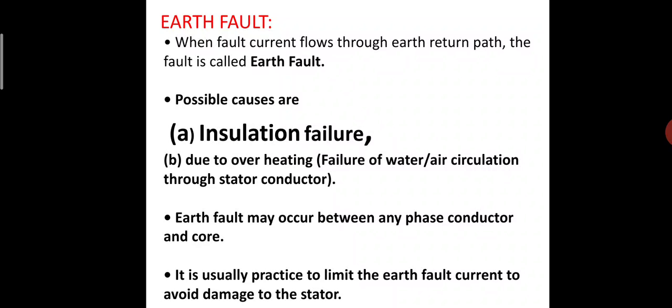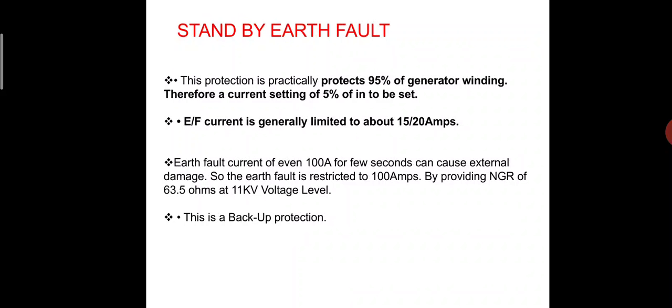Earth fault may occur between any phase conductor and core. It is usual practice to limit the earth fault current to avoid damage to the stator. Standby earth fault protection practically protects 95% of the generator winding.